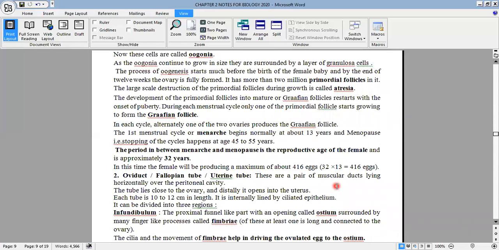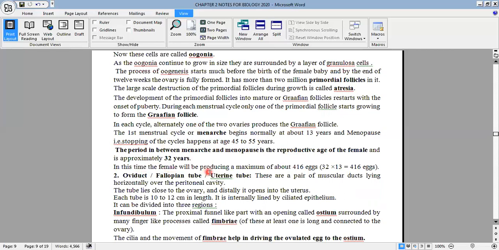Now, if you consider the first menstrual cycle starts at the age of 13 years, you call it menarche, and it ends at the age of 45 to 55 years called menopause. So the period between the menarche and the menopause is called the reproductive age of the female, and it's approximately considered to be 32 years.